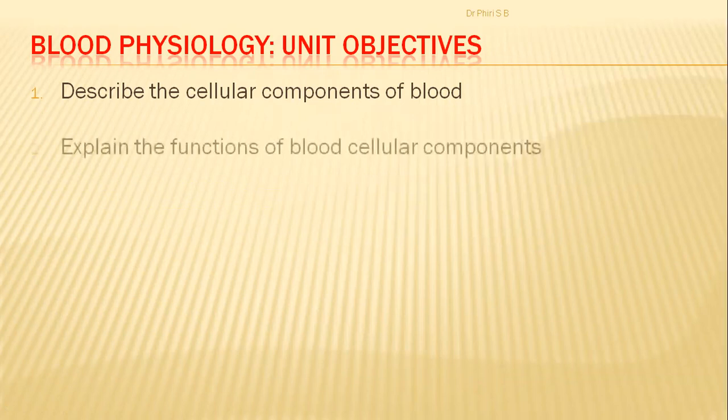Then you should also be able to explain the functions of the cellular components. For each component of blood, what are their functions? You should be able to explain that.